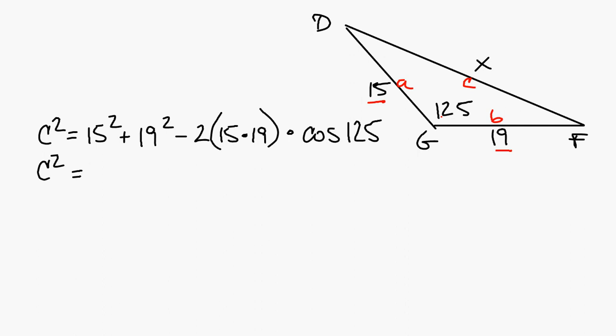And then you guys can subtract from that 2 times 15 times 19 times cosine 125. Does anybody get 912.939 or something like that? Alright, leave it sitting on your calculator. And you're just going to square root it, aren't you?